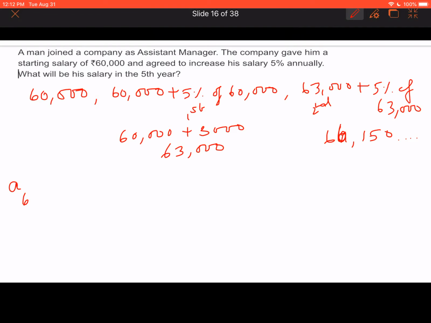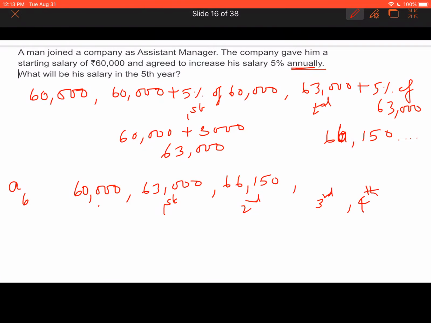Say 60,000 is going to be for the 0th year. After the first year, it will be given annually, right? So next year 63,000 is going to be the value for the first year. 66,150 is going to be the value for the second year, and then the third, fourth and fifth year, right?